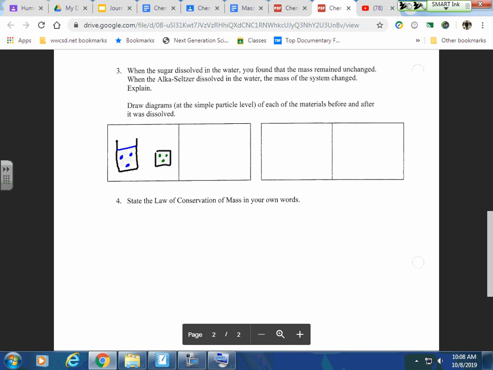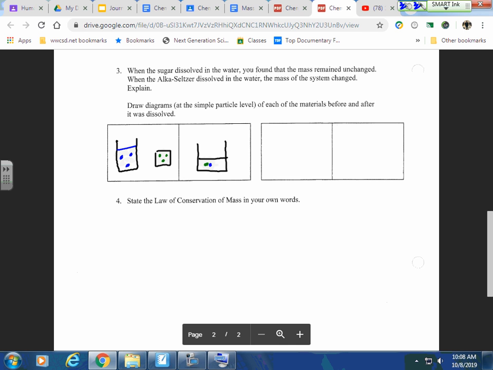So in the after, I still have to show that I have 3 blue dots and 3 green dots, 3 water particles and 3 Alka-Seltzers. But when they stick together and form different compounds, they can change properties like having lower density and floating into the air. All right, so what I might do for this is put a green dot attached to a blue dot here, okay?